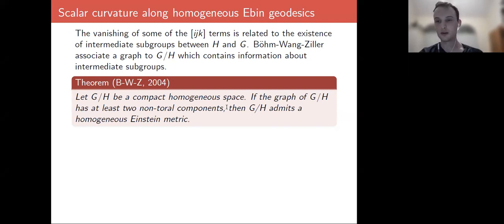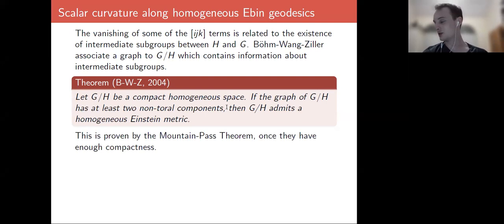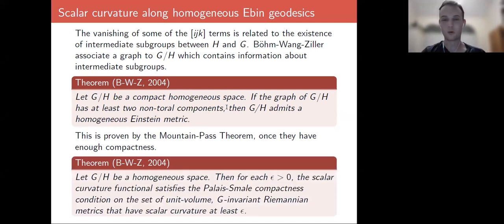Now, if you're familiar with the mountain pass theorem, you will know that simply understanding the asymptotics isn't quite good enough. You need some compactness. The precise statement of the mountain pass theorem requires something called the Palais-Smale compactness condition. And so as part of their work, they have to actually demonstrate that Palais-Smale compactness holds as well. And they were able to establish this.